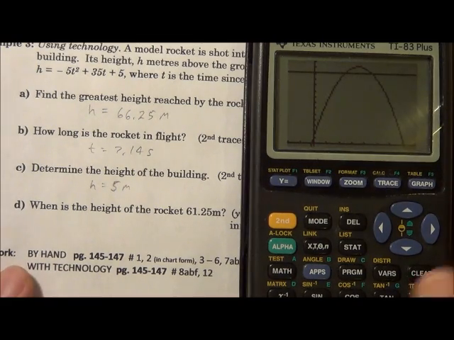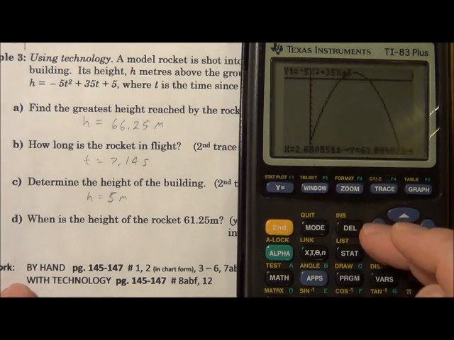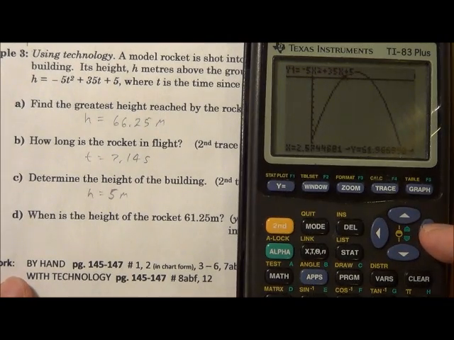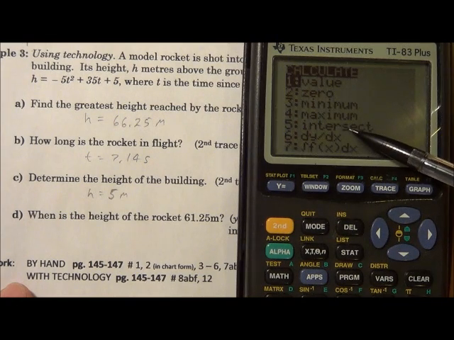So now what we can do, of course, is trace and guess, moving this along and guessing where that point of intersection is, or we can do second calc, intersect.